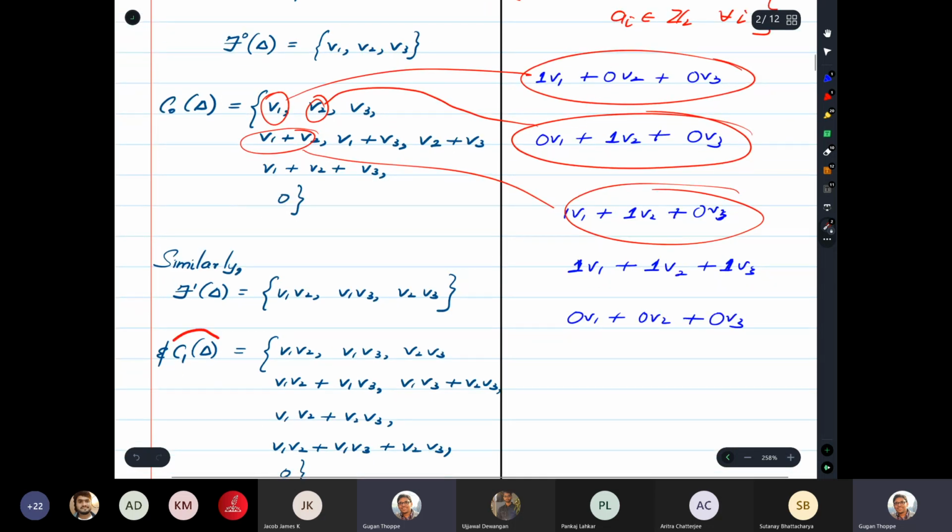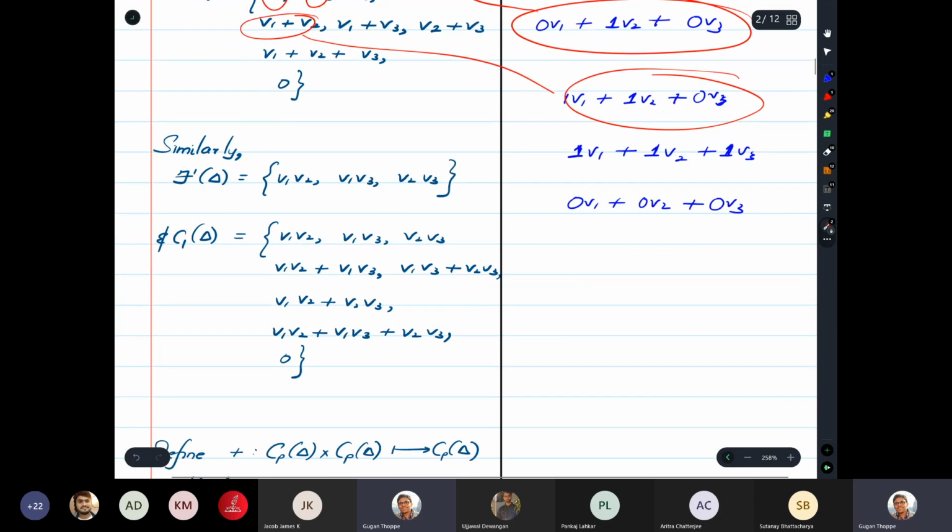Similarly, let's try and construct this C1 delta. For C1 delta, we first have to write down what this calligraphic F1 delta is. This is the collection of all one-dimensional faces: V1, V2, V1, V3, V2, V3. These are the different one-dimensional faces in delta. Now I have to write all possible formal sums. So I have V1, V2, which is 1 V1, V2 plus 0 V1, V3 plus 0 V2, V3.